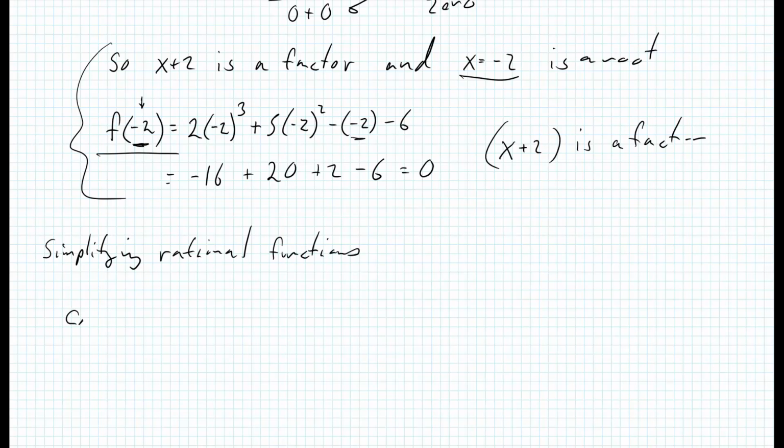So let's consider a rational function. Let's call it big R of x, because it's a big rational function. And this is 6x squared plus 5x plus 10 over 2x plus 3.